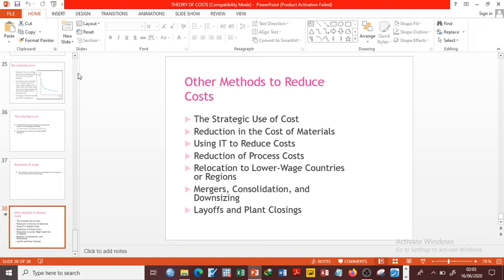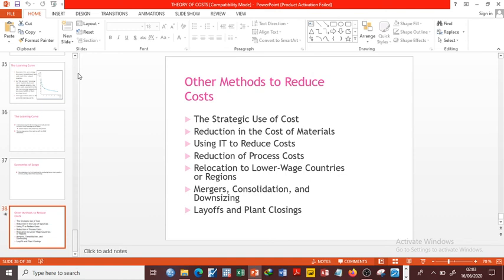For example, if I'm just starting a business, say I want to start a bakery, and I know how to bake cakes, in the short run, why wouldn't I make these cakes myself instead of employing another worker to make them for me? If I make the cakes myself, that would be a strategic way of reducing costs.